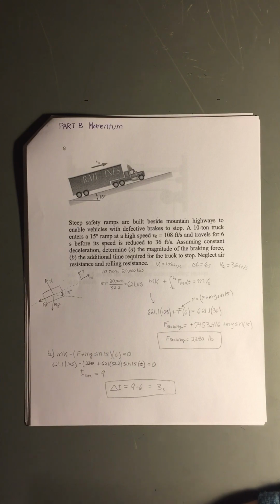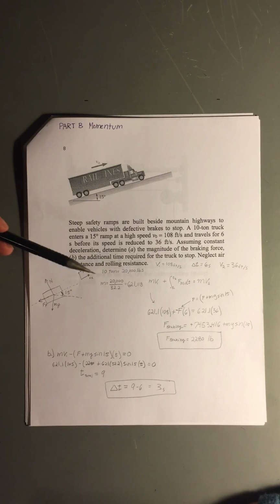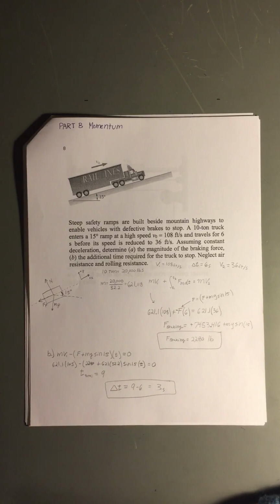And the problem also told us that the truck weighed 10 tons, and so we know that 1 ton is 2,000 pounds, so 10 tons would be 20,000 pounds. And then converting that into mass for our equation, we divide by gravity, which is 32.2, to get a mass of the truck of 621.